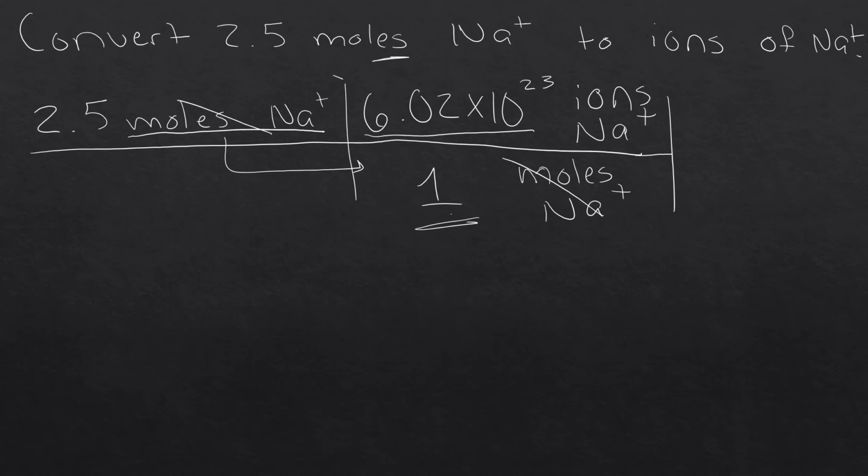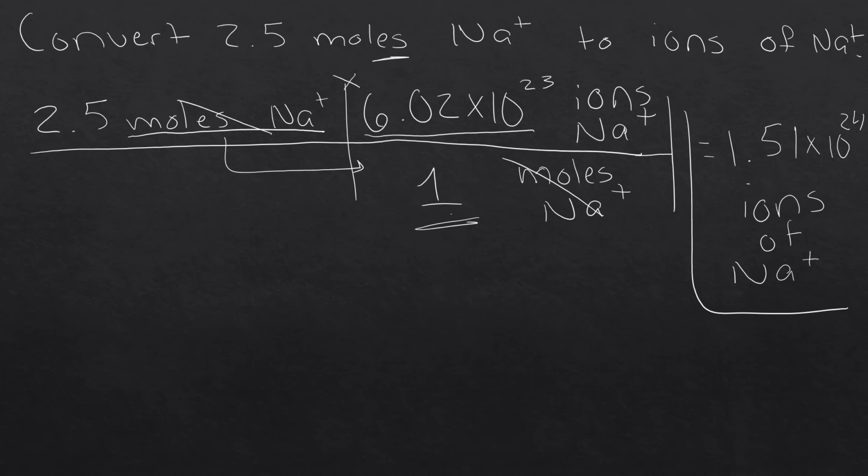So now all we have to do is multiply across, 2.5 times 6.02 times 10 to the 23rd. And we should get 1.51 times 10 to the 24th. And we need units with this, so we'd of course write ions of Na+. And this would be our entire answer.